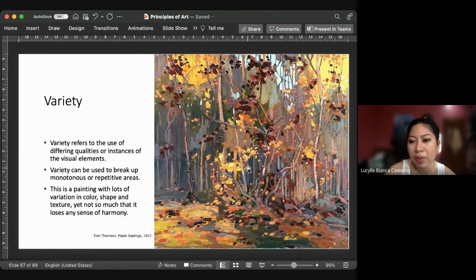But what gives it a sense of unity and balance is that there is a repetitive shape scattered all around the painting.